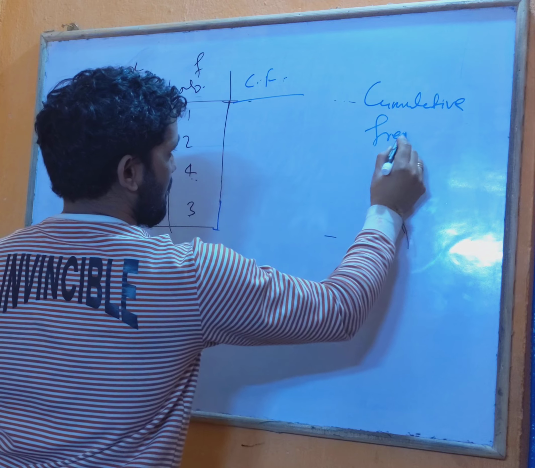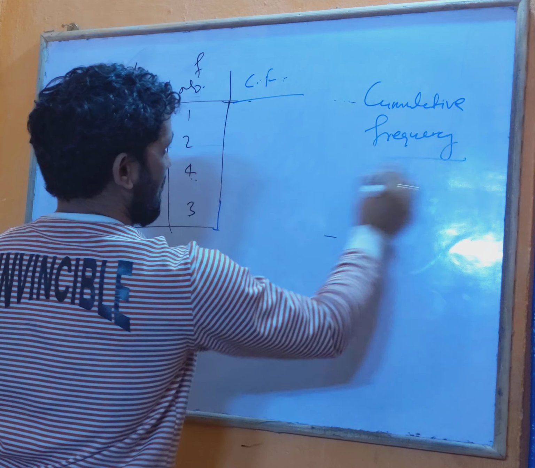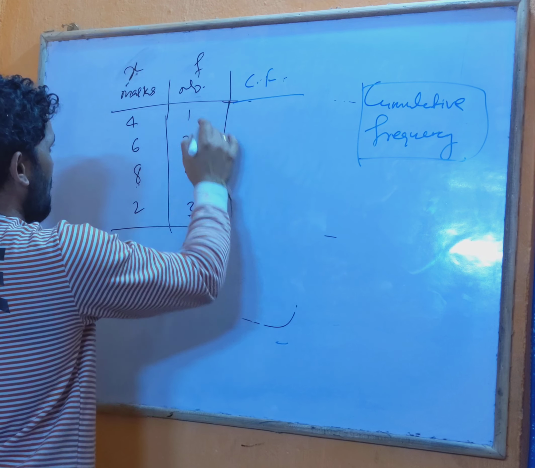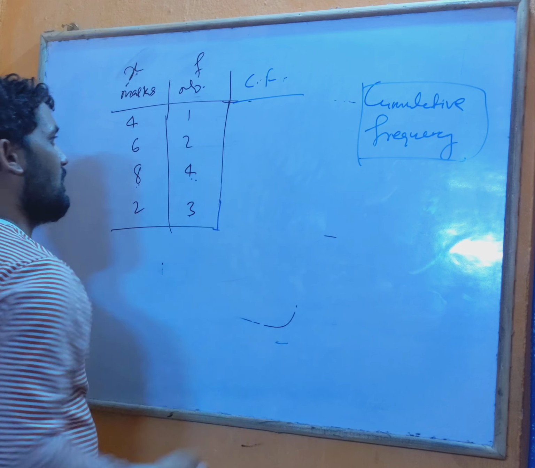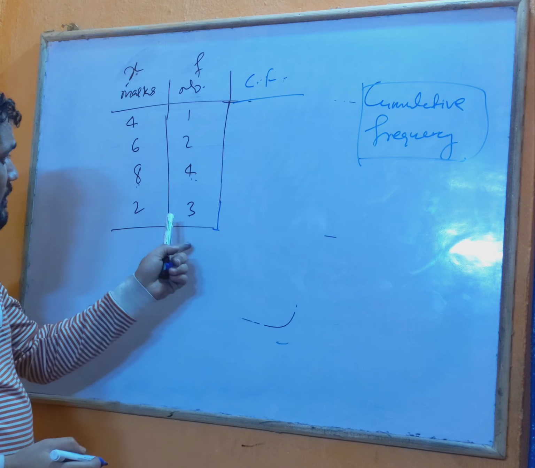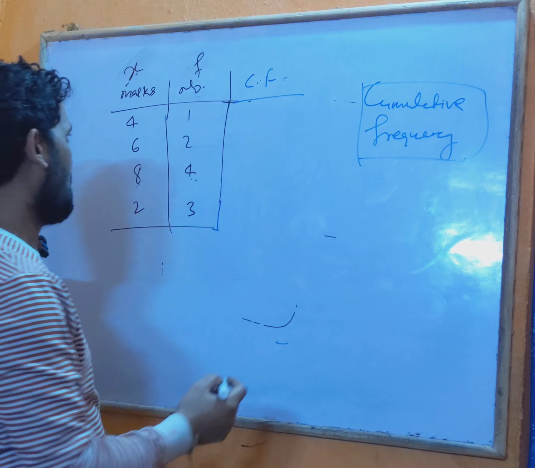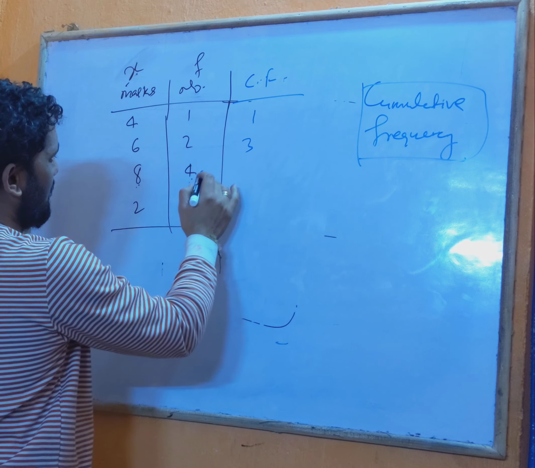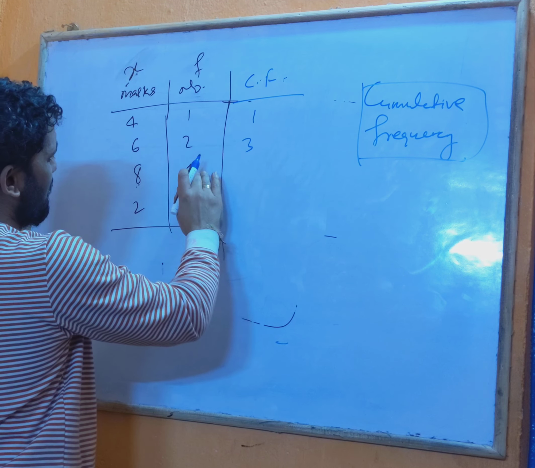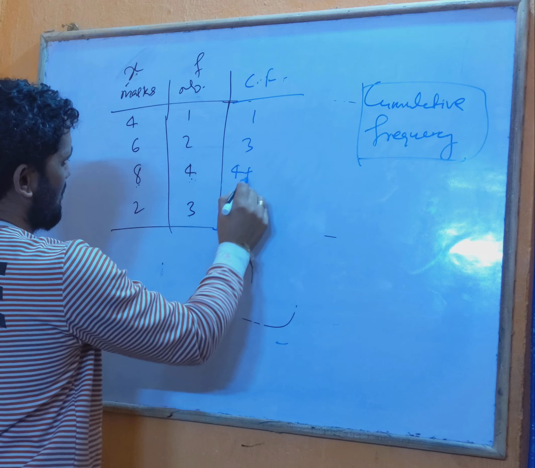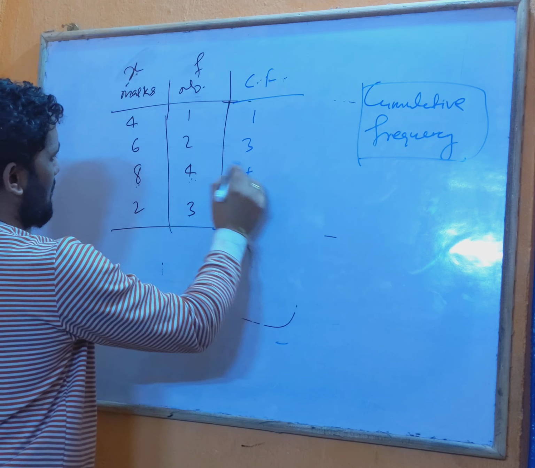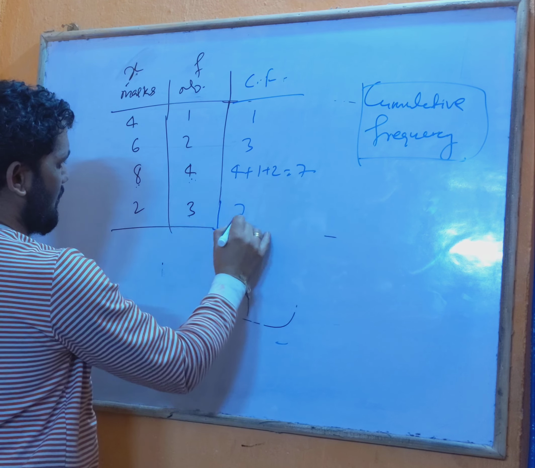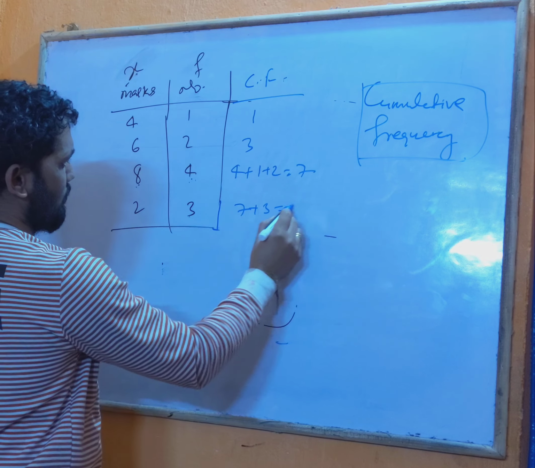Cumulative frequency comes from the original frequency by adding one by one: 1, then 1 plus 2 is 3, 3 plus 4 is 7, and 7 plus 3 is 10.